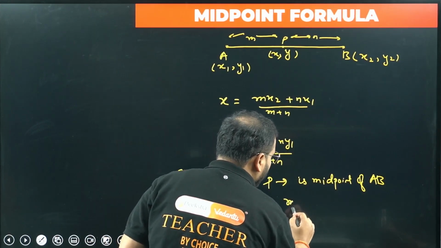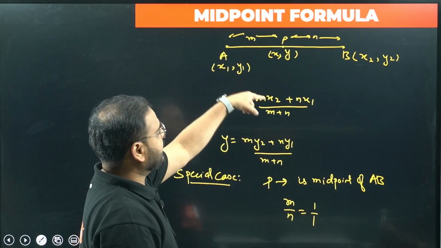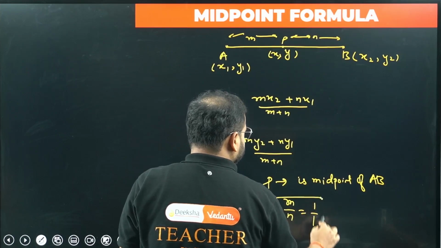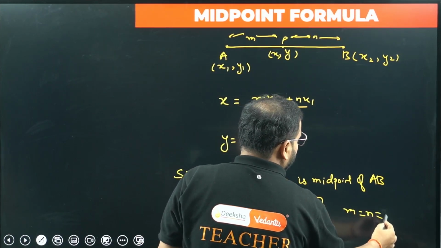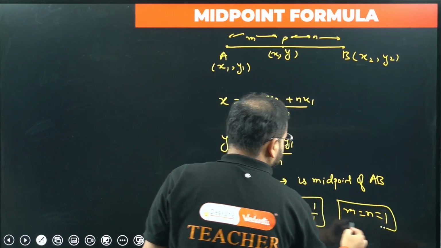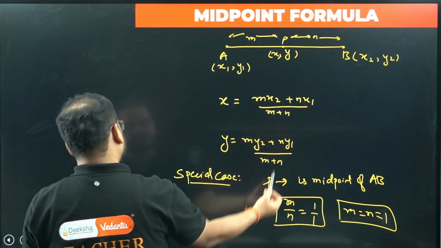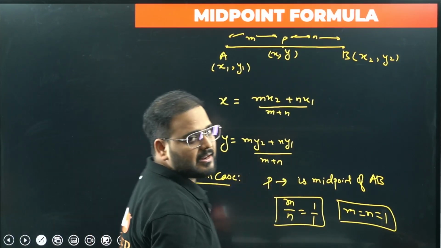The ratio of M to N becomes 1 to 1. Basically, M and N are equal, and they're equal to 1. So replace M and N by 1 in this expression for x and y.